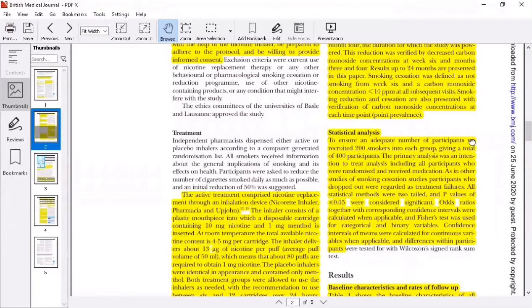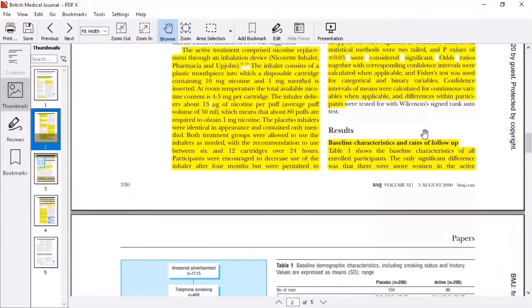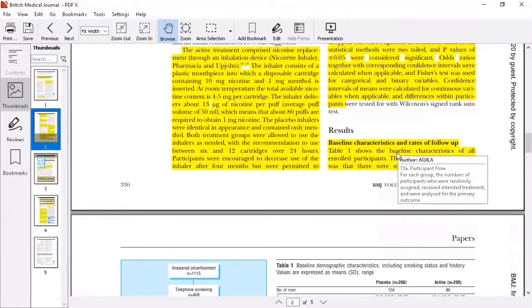Okay, next is result. The first checklist in results is participant flow. Checklist number 13A is about, for each group, the number of participants who were randomly assigned, received intended treatment, and were analyzed for the primary outcome.